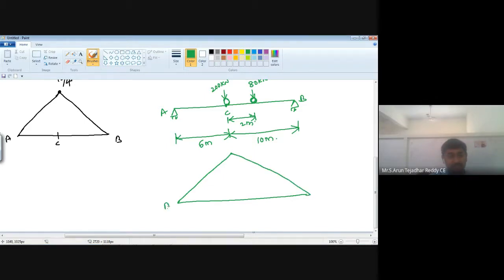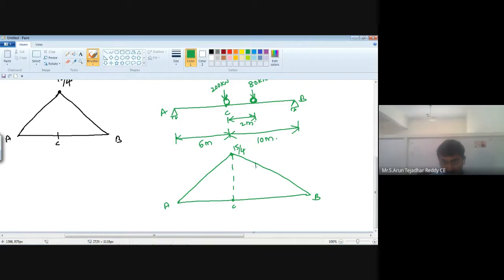Okay, bending moment at C diagram. And here we already know the value we just got, that is 15 by 4. So exactly at this point. Okay, this is 15 by 4, and here the 200 kilonewton load is acting. Okay, no problem. After that the 80 kilonewton load is acting.